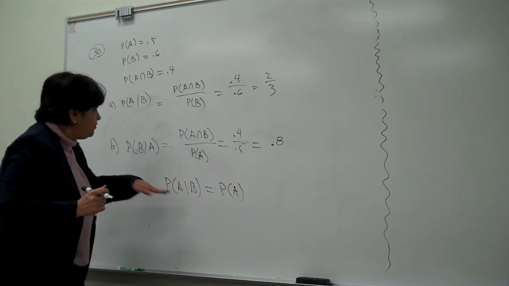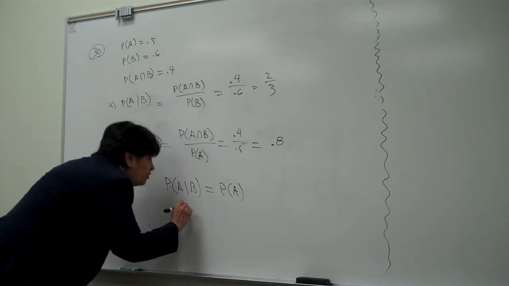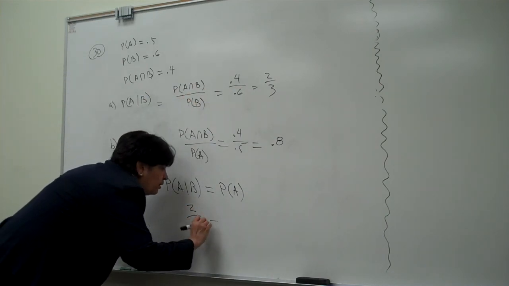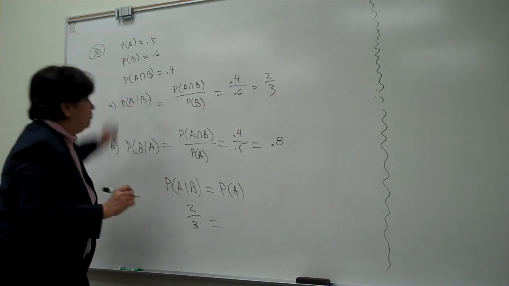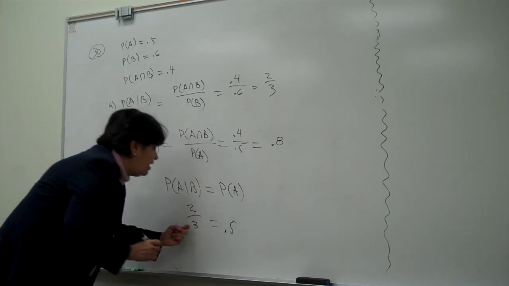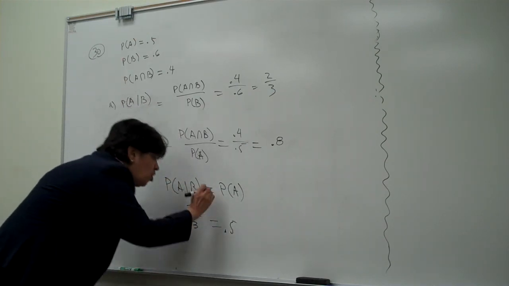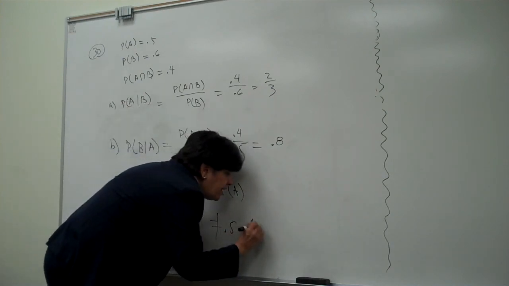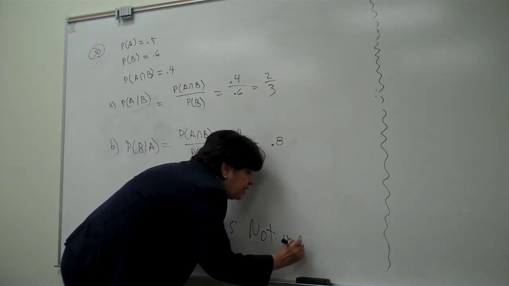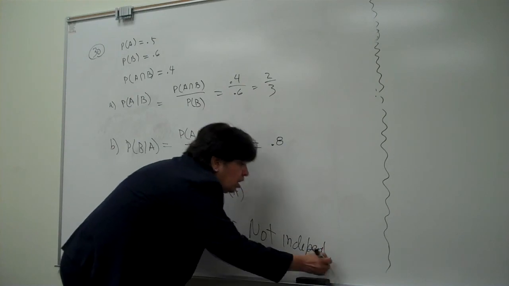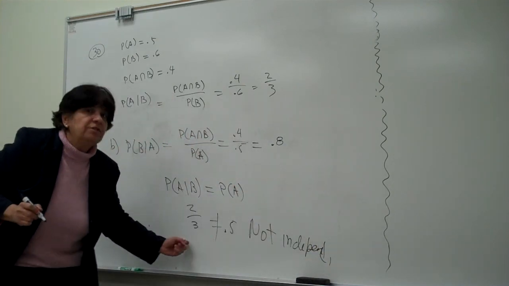So what is the probability of A given B? 2/3. And what is the probability of A? 0.5. Are these numbers the same? No, they are not, so these events are not independent because these numbers are not the same.